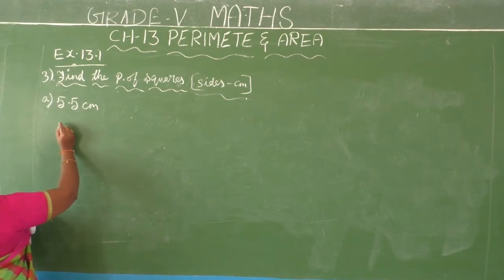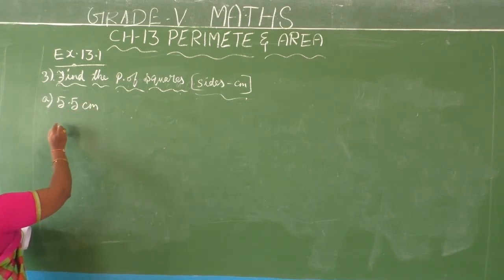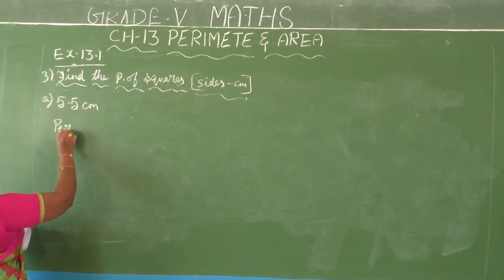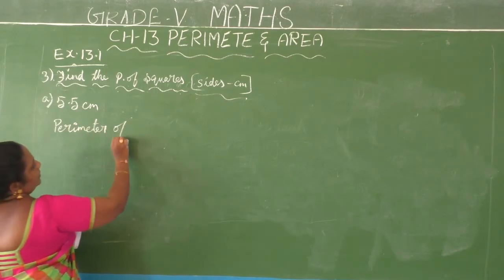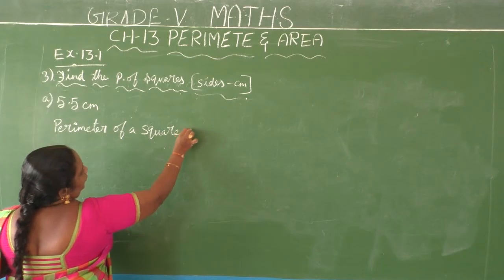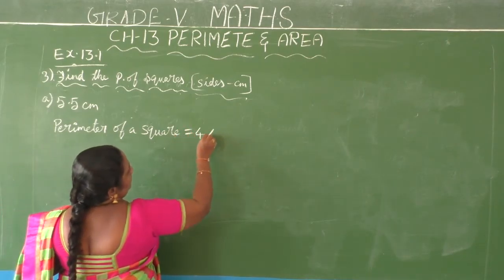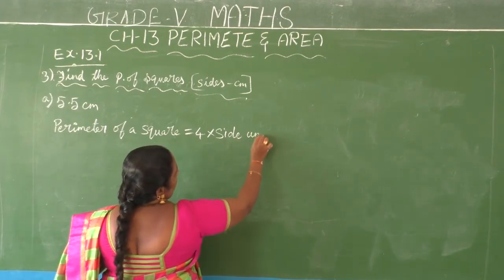What is the formula to find the perimeter of a square? Perimeter of a square equals 4 into side units.